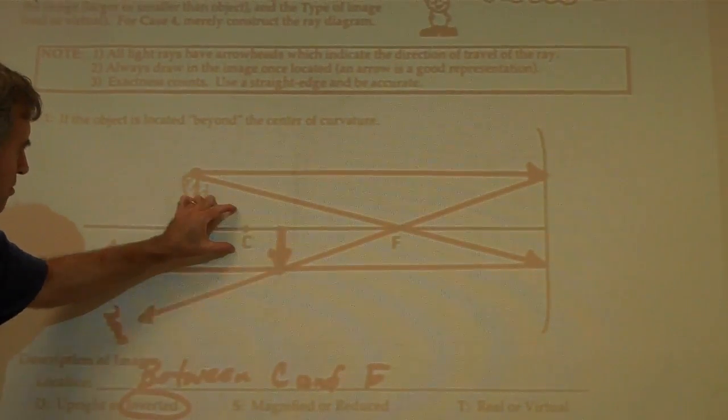The location is between C and F, and that's always the case whenever the object is beyond C. For orientation, it's upside down or inverted. For size, it's smaller than the actual object, or reduced in size. And for type, I'm going to say real.